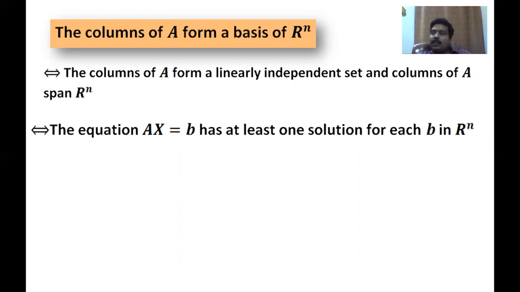So for each b in Rn, we can have a solution for the system Ax equals b.